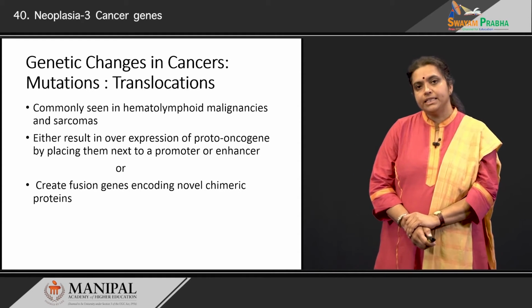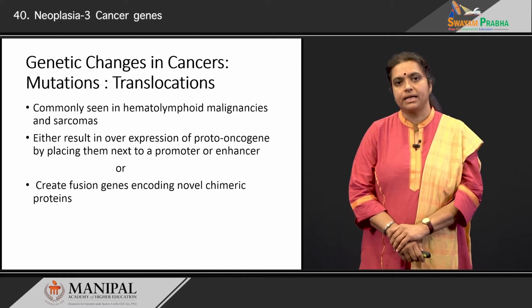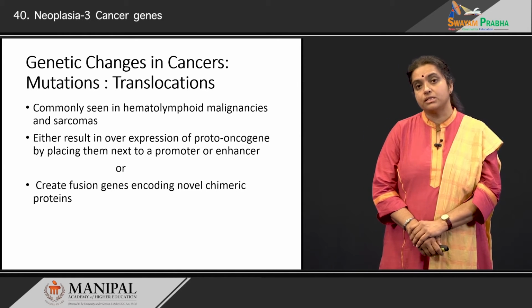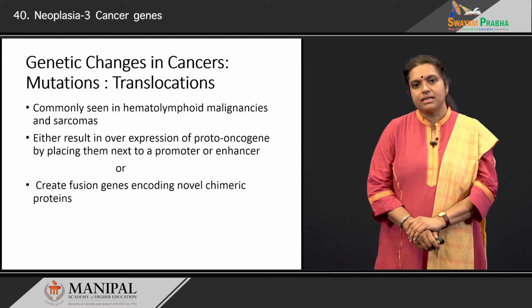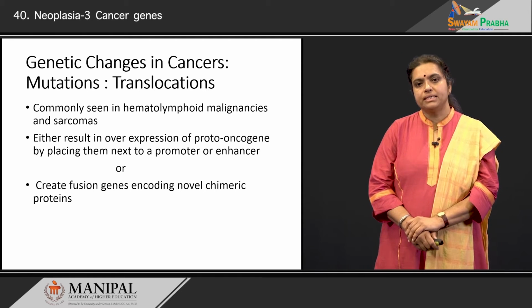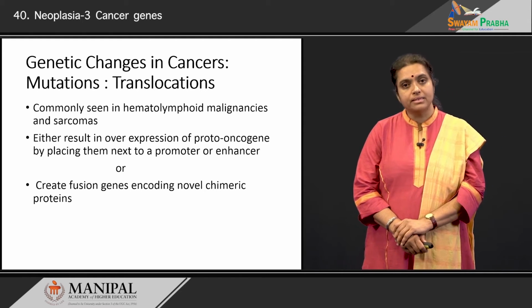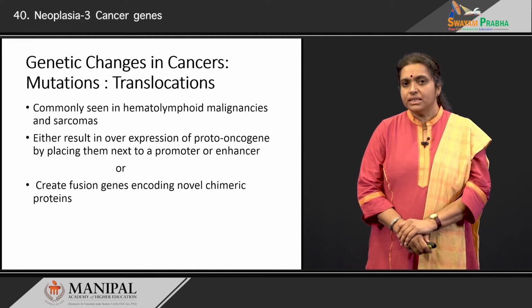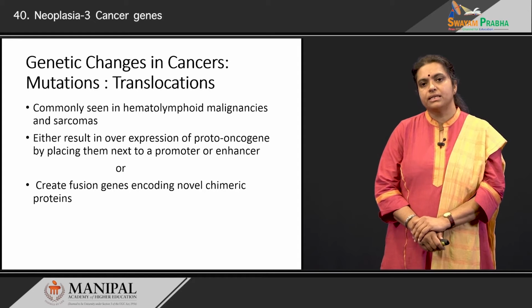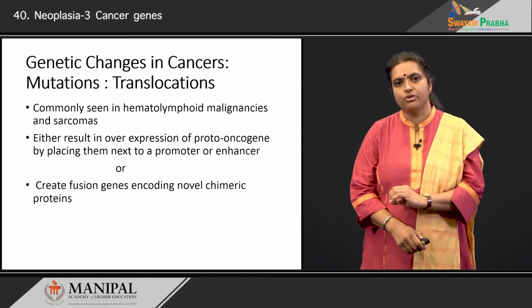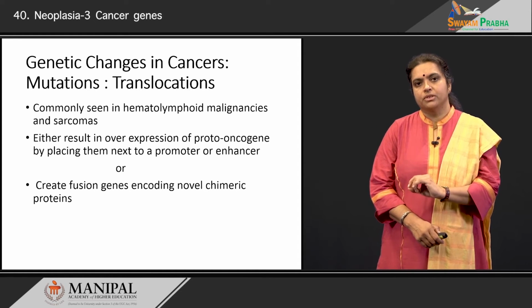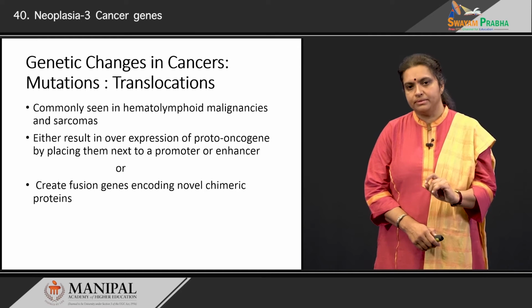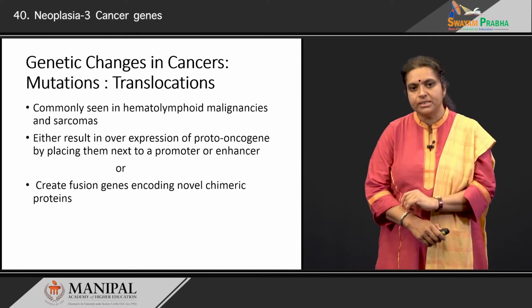The second genetic lesion that we see in cancer cells are known as translocations. These translocations are commonly seen in hematolymphoid malignancies and sarcomas. Now, what are these translocations? Translocations are nothing but the juxtaposition of one chromosomal part into another that may involve certain genes.